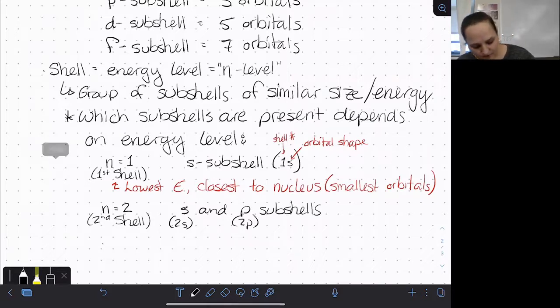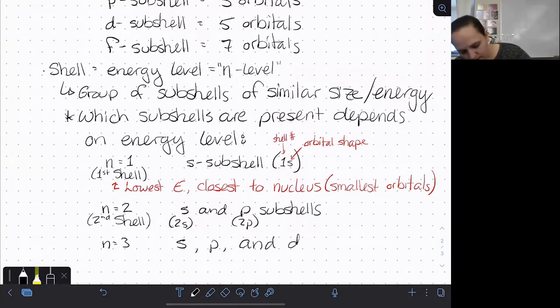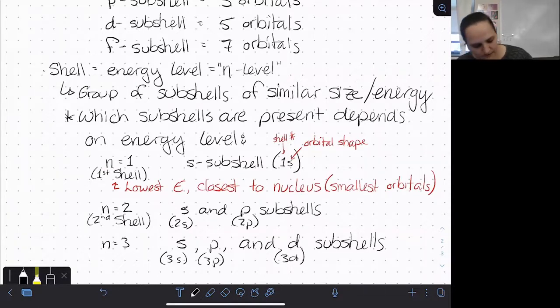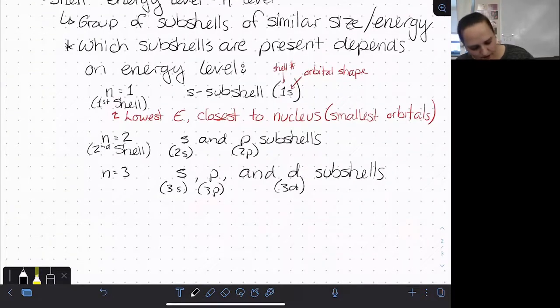When we move up to the n equals 3, we add our third shape. We'll have S, P, and D subshells all present, that we refer to as the 3s, the 3p, and the 3d, respectively. And then at n equals 4, we have all of them.